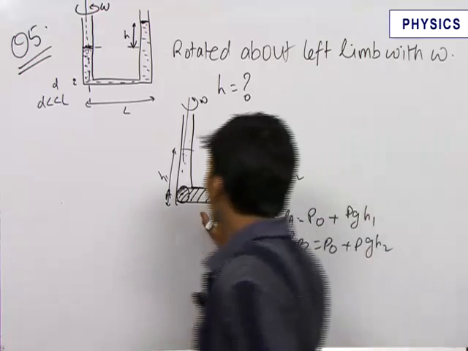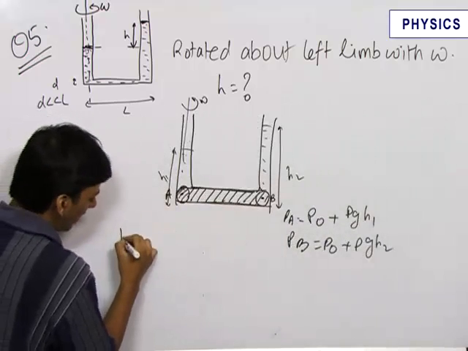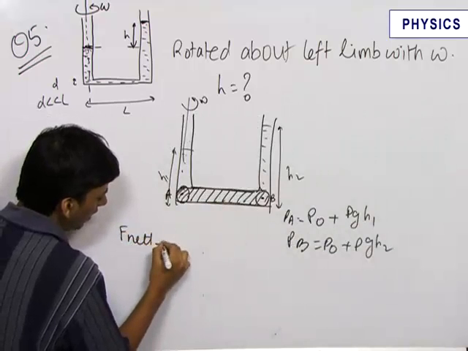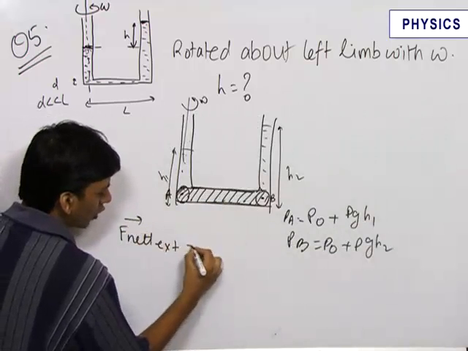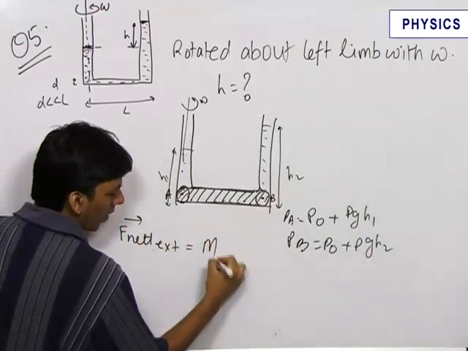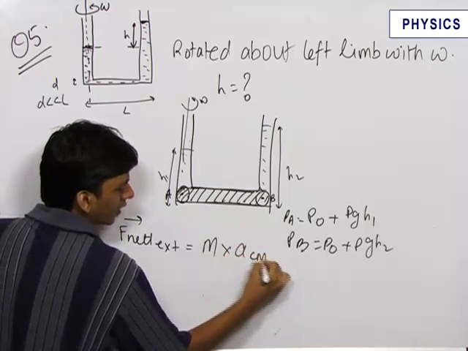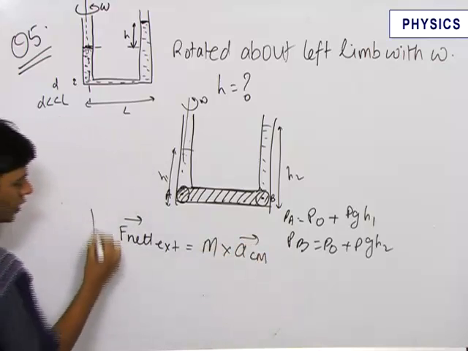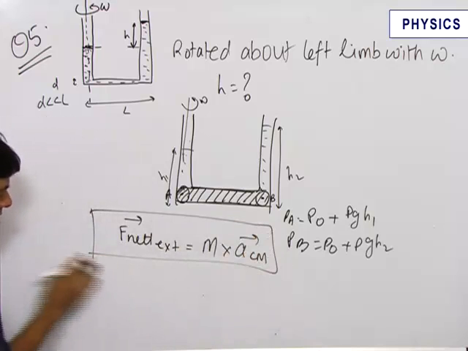Now for this body of water, we can write F net external in the horizontal direction is equal to mass into acceleration of center of mass. This formula is always true.